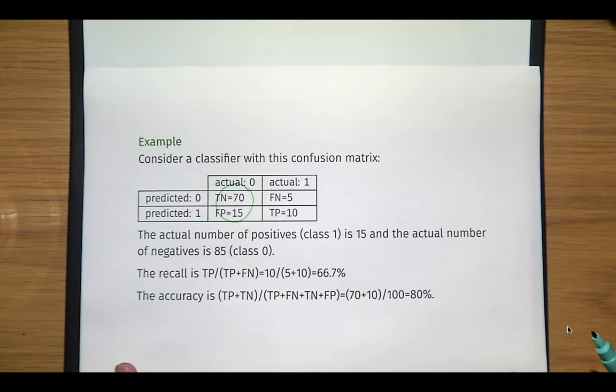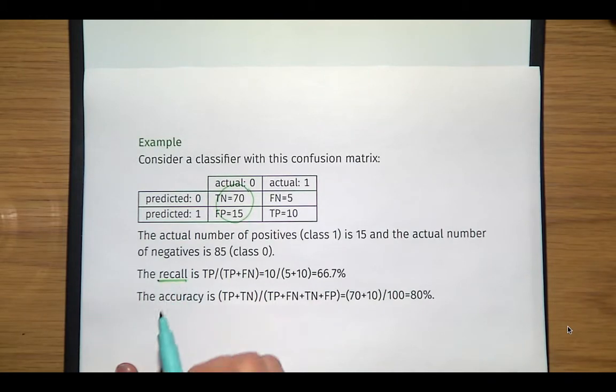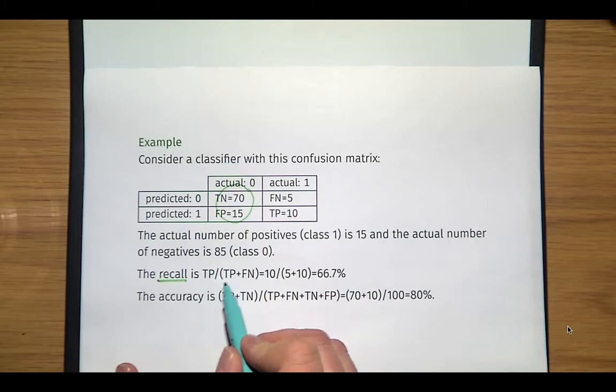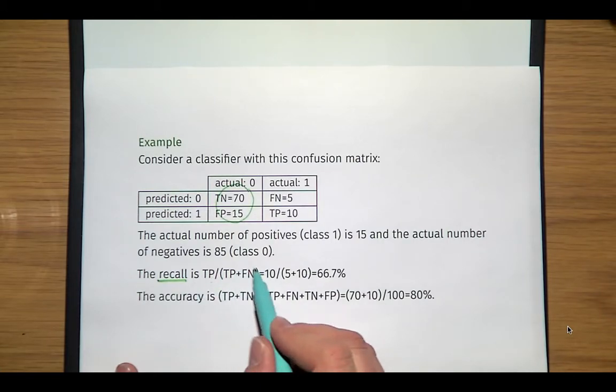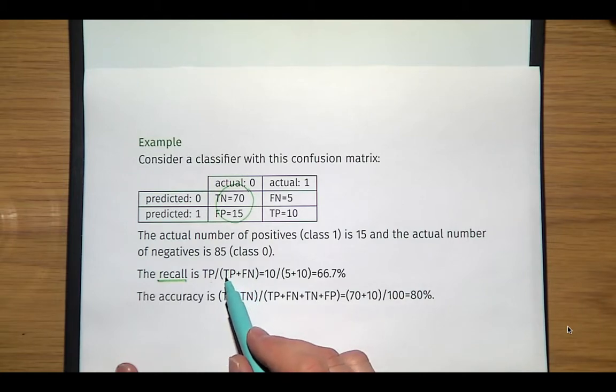So here you can compute a number of things, and we're first going to compute the recall. Okay, and so the recall is the proportion of positives that are labeled as true positive. So that's true positive divided by all the numbers that should have been positives. So that's the true positive and the false negatives.